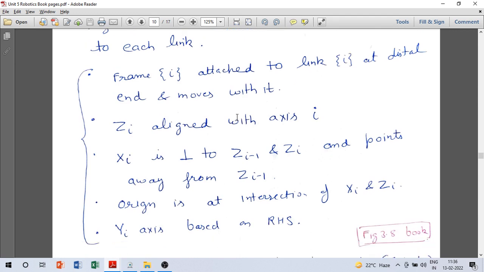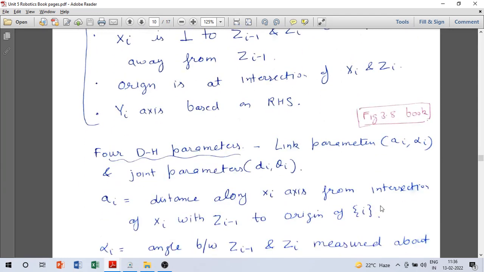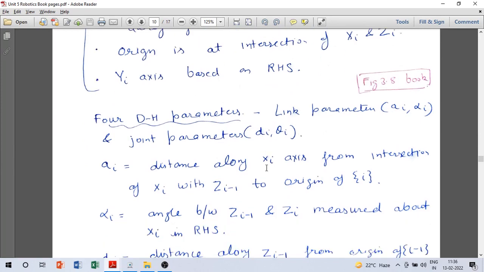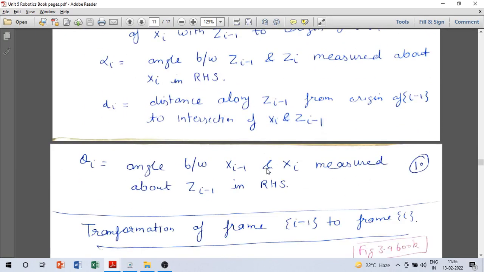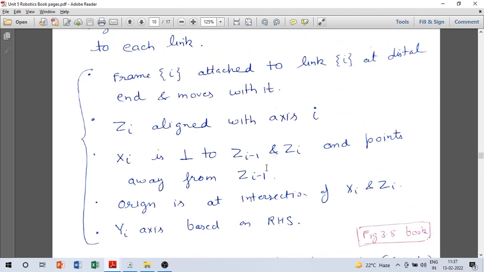I have written some steps here, and you will also have to refer to figure 3.8 from the book. Then there are 4 Denavit Hartenberg parameters, the link parameters and joint parameters. We'll also see how those are defined. Okay, so let us go through this.